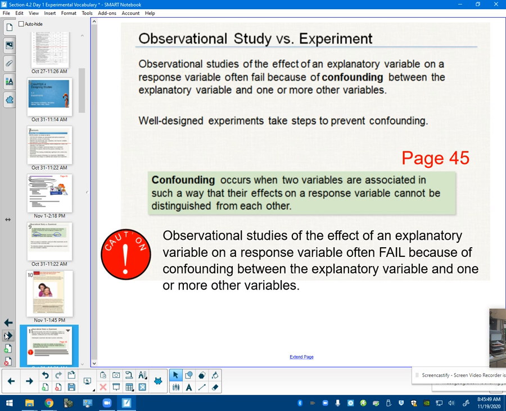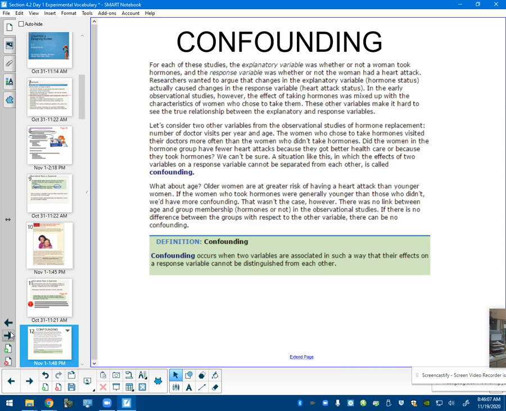Those two explanatory variables were confounded. So a confounding variable is a variable that also has an effect on the response variable, and you can't tell which variable is the one really causing the effect. All right. That's why we need something called control that we'll discuss in a minute. So here's confounding, and it explains what I just told you about with the hormones in the women.